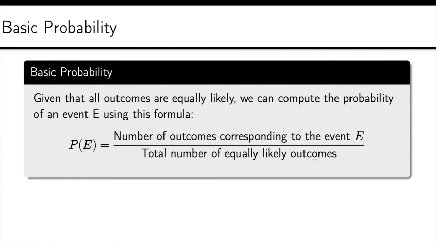So a very basic example, if I'm rolling a 6-sided die and I want to know the probability of rolling a 1, I say, well, how many ways can I roll a 1? There's only 1. How many total things can happen when I roll a die? Well, there's 6 possibilities. So 1 over 6 is the probability of rolling a 1.